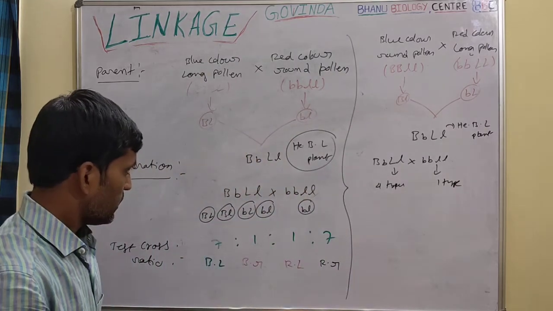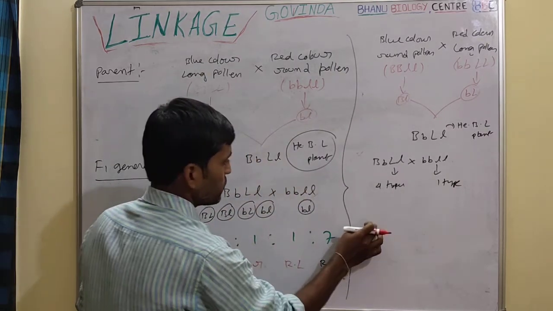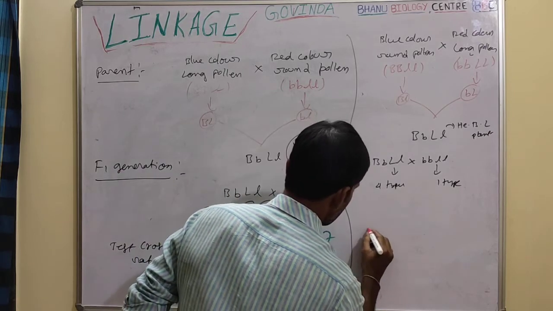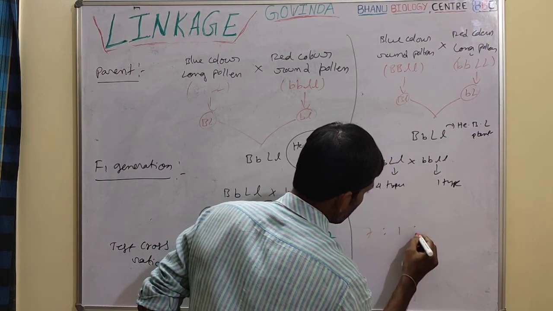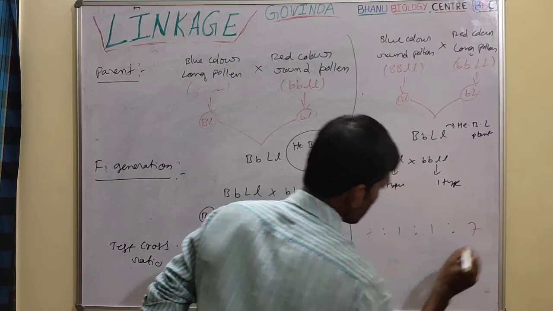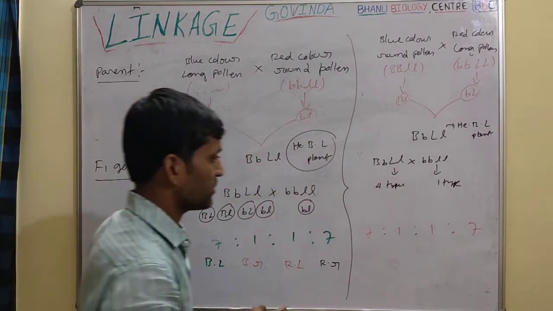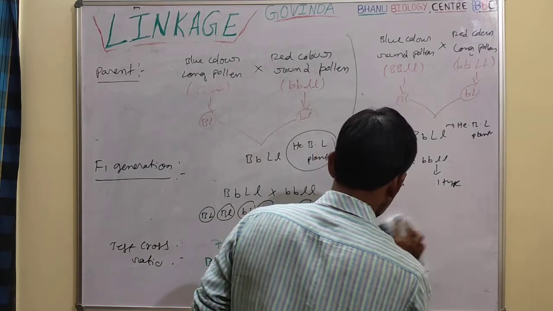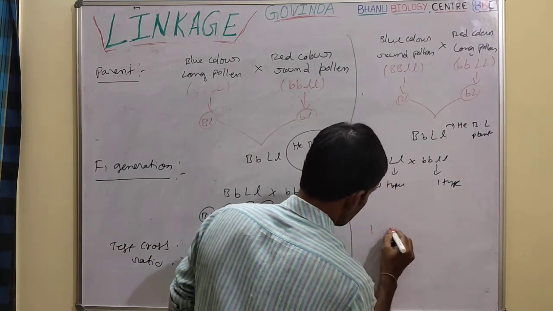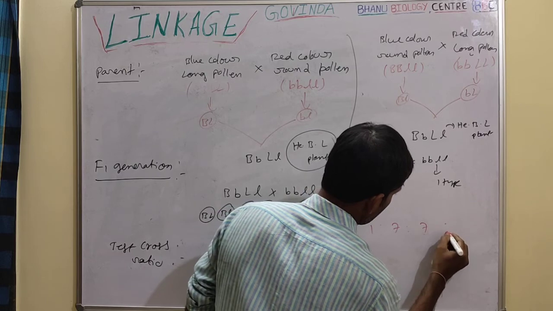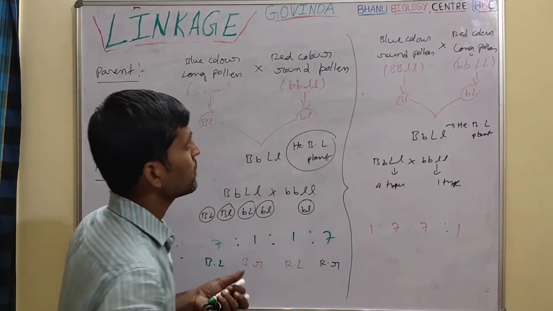Then see the test cross ratio. So in this cross it becomes 1:7:7:1, just reversed.